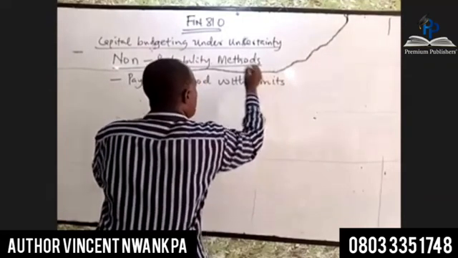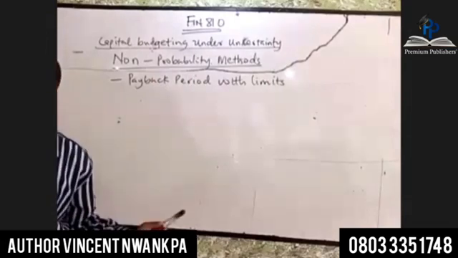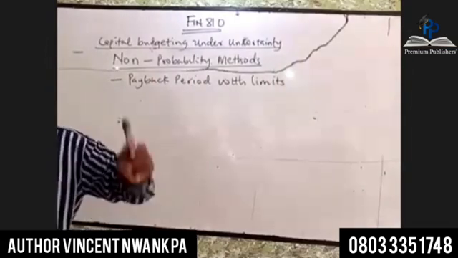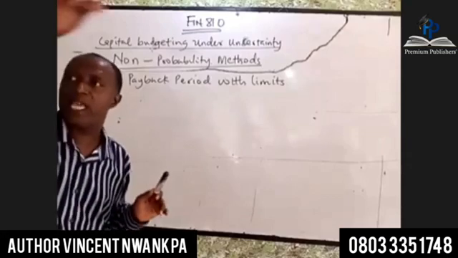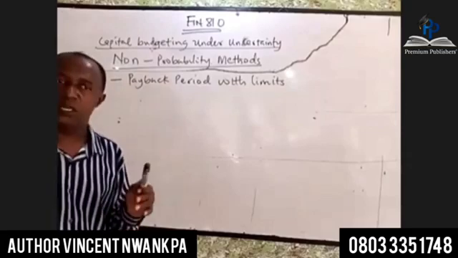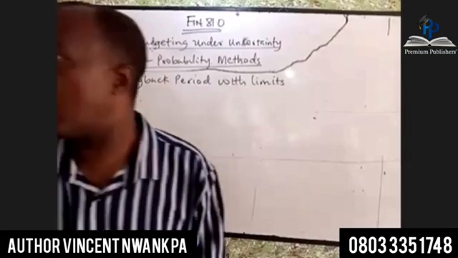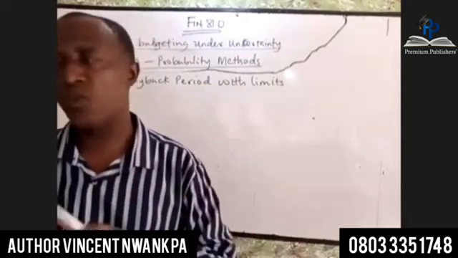That means there is a limit here. We may say our payback period is within 4 years. If the money is not paid back, we cannot invest. Within 10 years, if it's not paid back, we cannot invest. Within 2 years, if our cost of project is not back, in 3 years, we cannot invest in such a project.